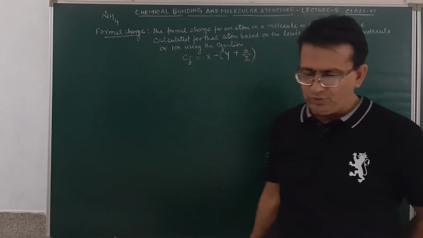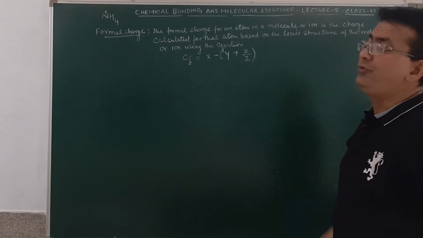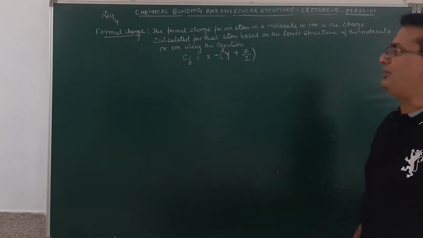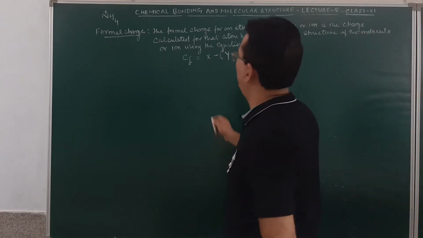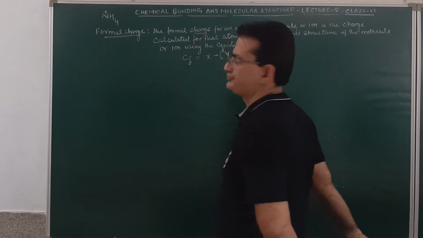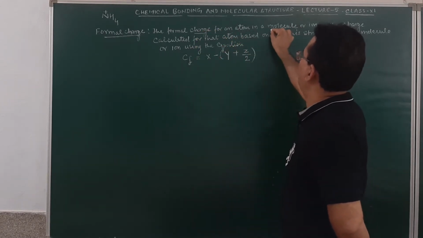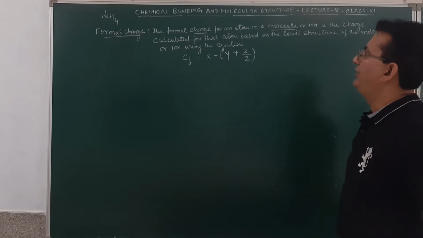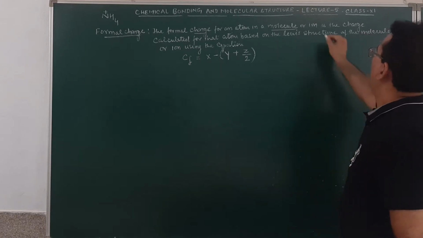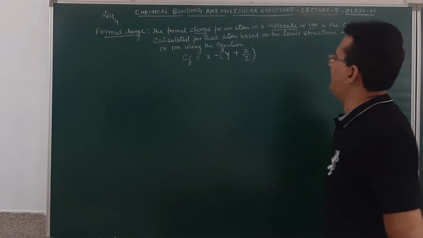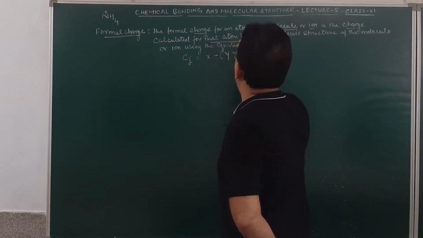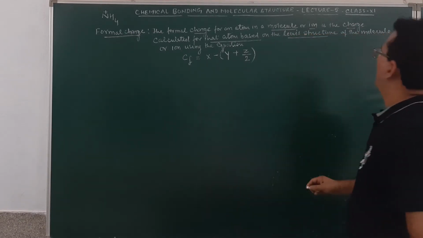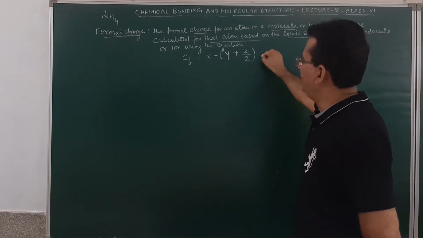So if someone asks me, what is formal charge? This positive charge I am talking about is a formal charge. The definition I have written here: the formal charge for an atom in a molecule or ion is the charge calculated for that atom based on the Lewis structure of the molecule or ion using this equation.